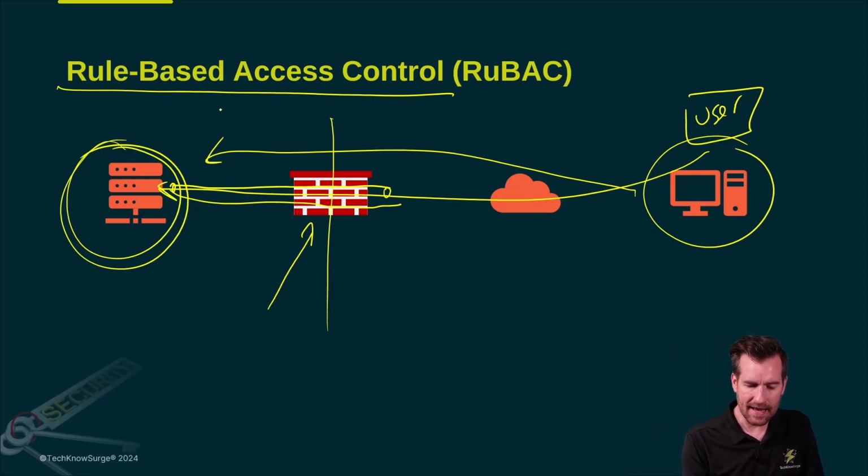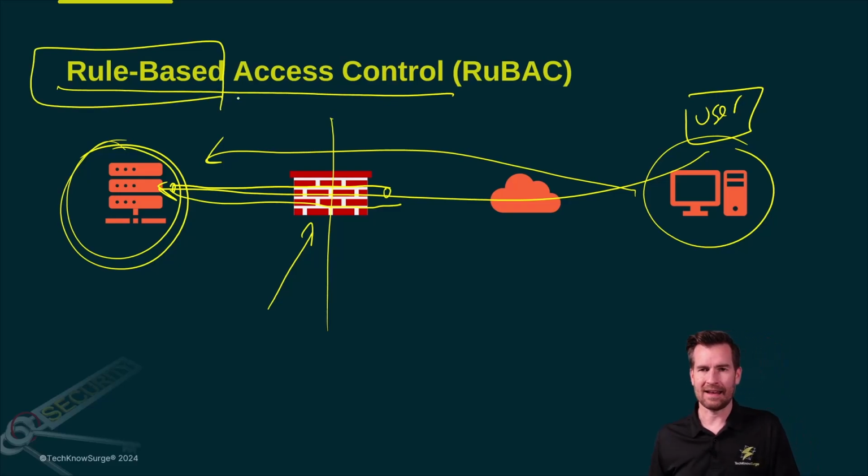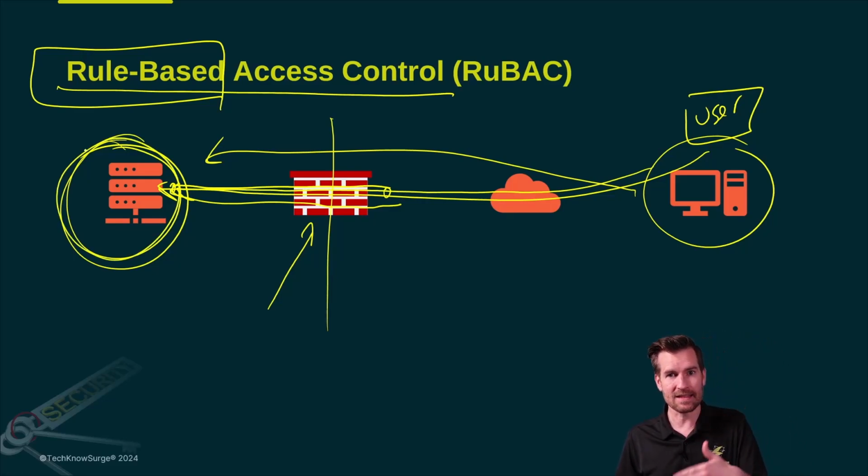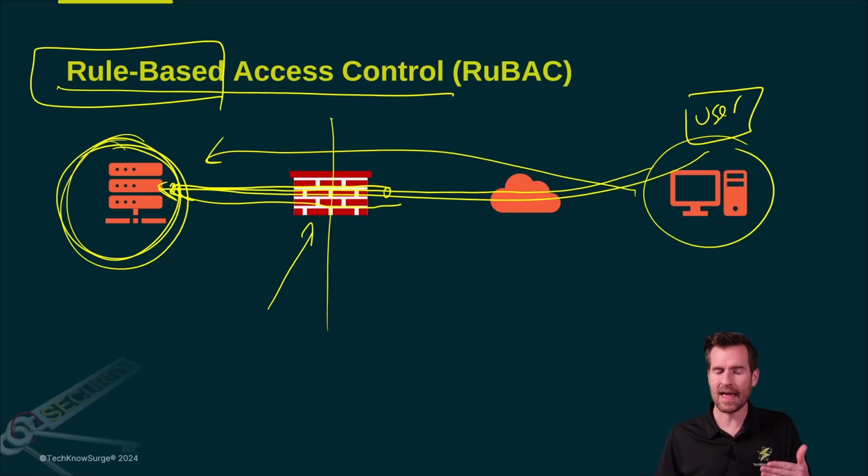What we do is we set up a rule-based that allows traffic from all sorts of IP addresses into specifically a port that this web server is on, and only that port and nothing else on this server.